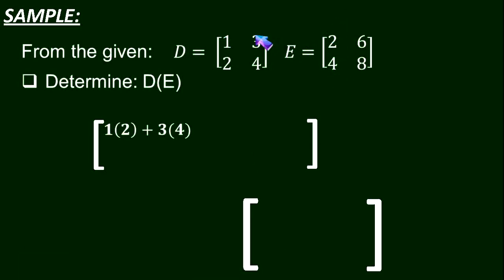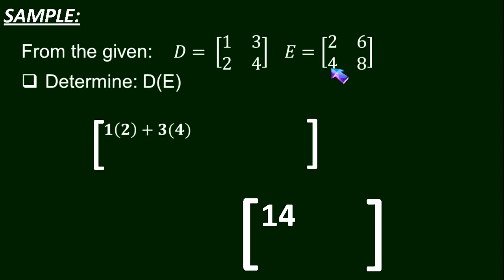So, we have 1 multiplied by 2 plus 3 multiplied by 4. Yan yung magiging first entry natin. So, 1 times 2 plus 3 times 4, ang magiging entry natin is 14. So, paki-check sa inyong calculator pag tama yung calculation natin.